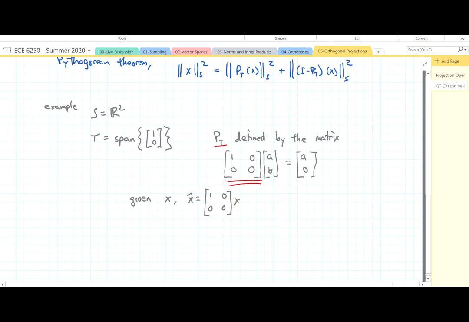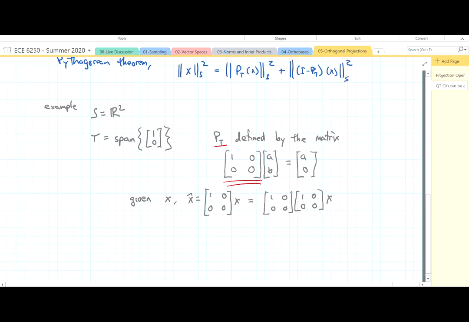That just zeroes out the second row. Well, if that's true, then we must also have that we could project the result onto T as well.